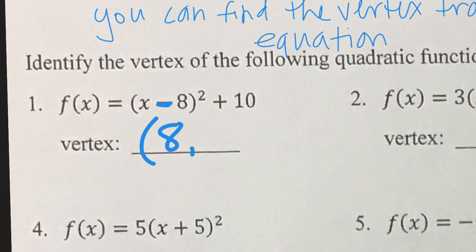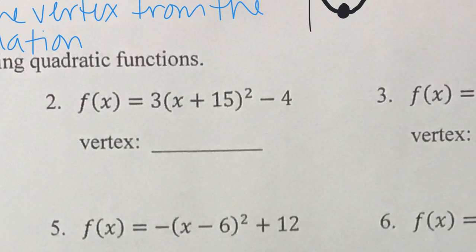And if this is a plus 10 out here, the y-coordinate is exactly what it looks like. If there's a plus, then you have a positive y-coordinate. So the x's are always opposites and the y's are always the same. We have a vertex at the point (8, 10).